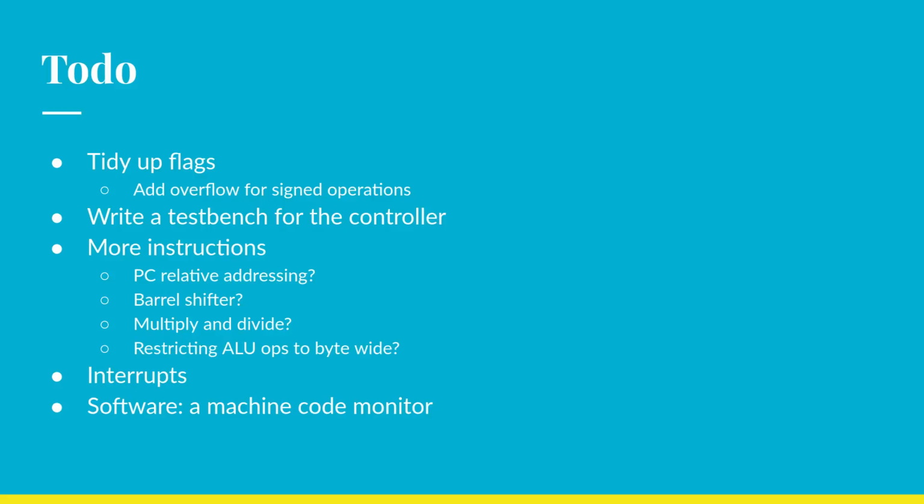And it may be useful to restrict ALU operations to byte-wide quantities. I noticed, for instance, on my snake game, the cyclical buffers that hold the row and the column for the snake's position are 256 bytes long, but when I increment to move along the buffer, I have to mask it out with FF hex to stop it overflowing the 256 elements.